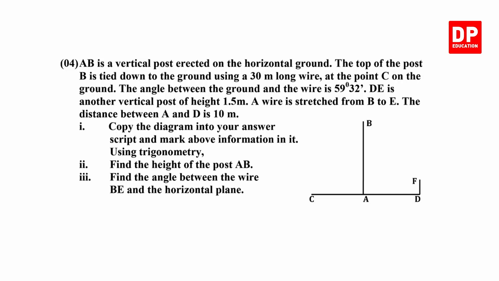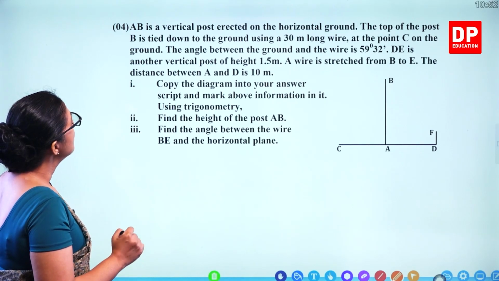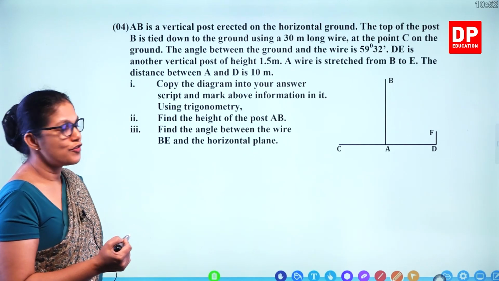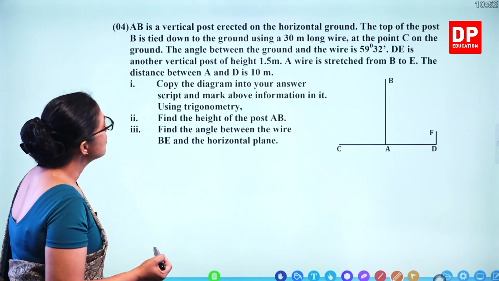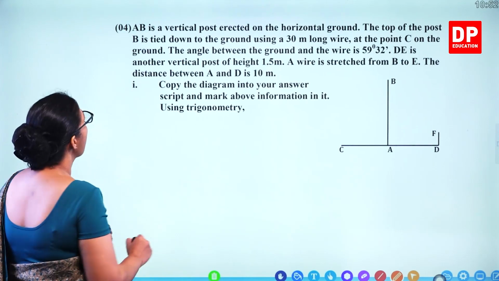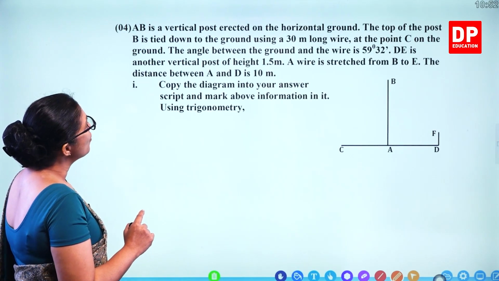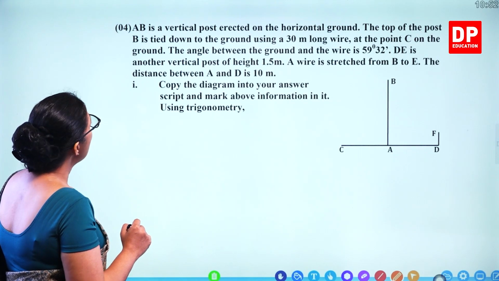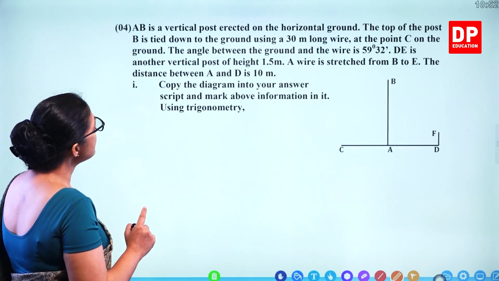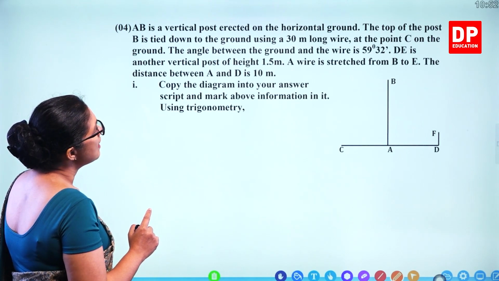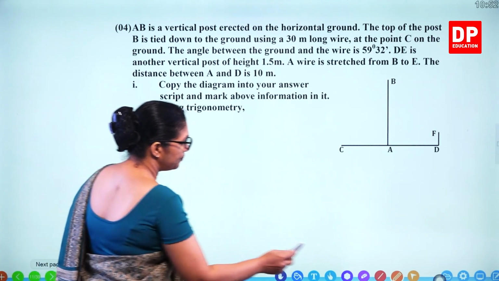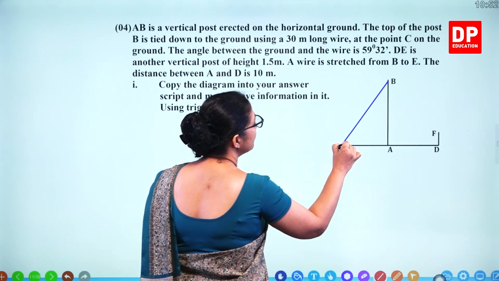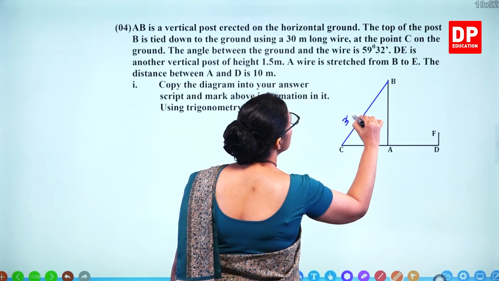Question number 4. That's about a diagram. You have to mark angle and use trigonometry to find out angles or length. So let's do this one separately. AB is a vertical post erected on the horizontal ground. The top of the post B is tied down to the ground using a 30-meter long wire at the point C. So this is 30 meters.